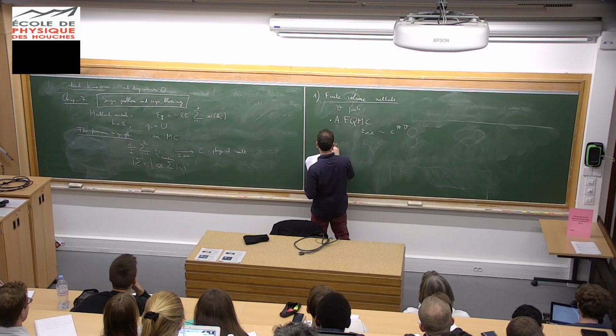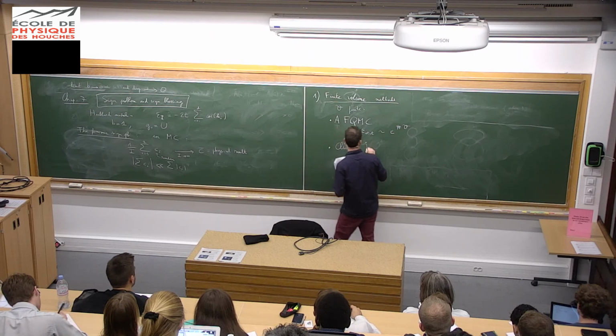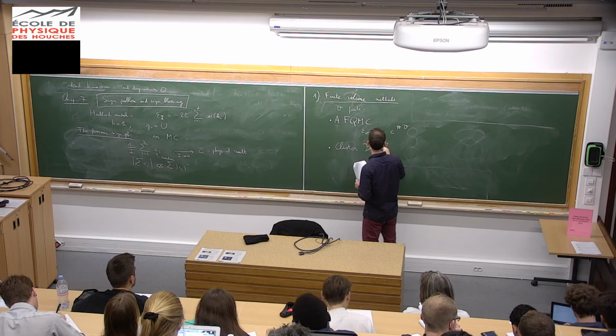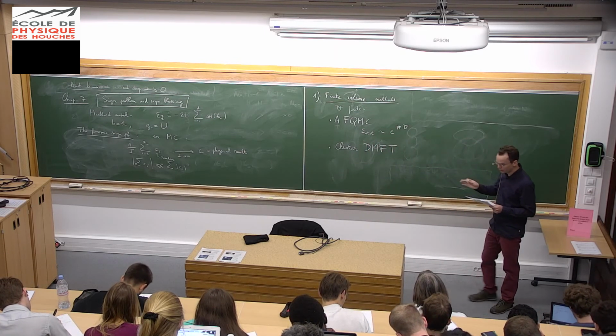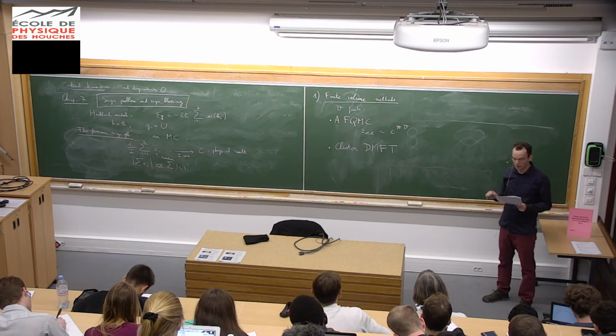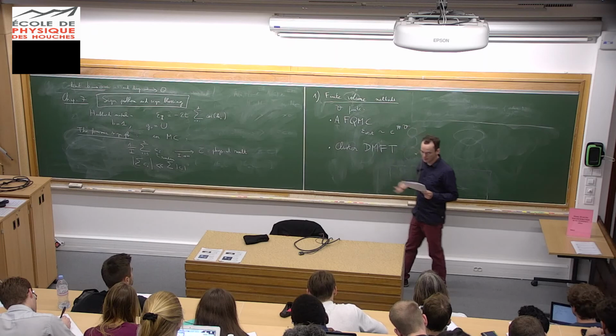Another extremely popular and successful class of methods is dynamical mean field theory and its cluster extension, where you replace your infinite lattice by a single site or a cluster of sites.